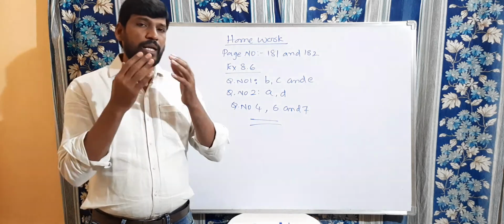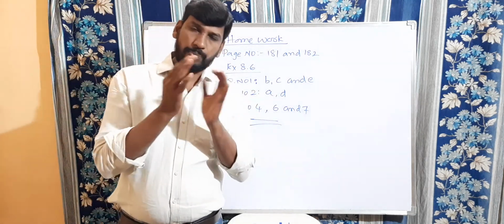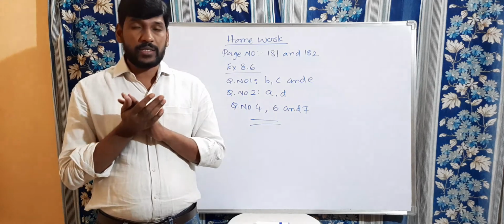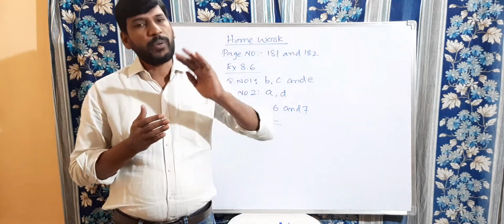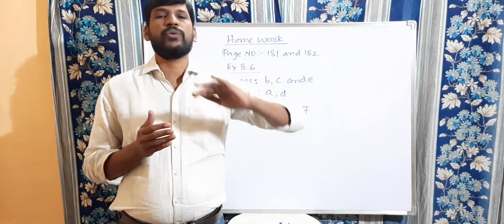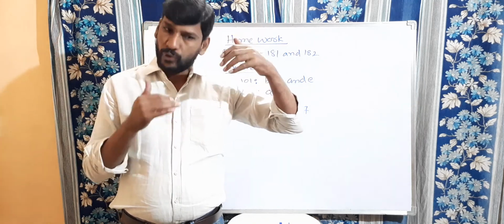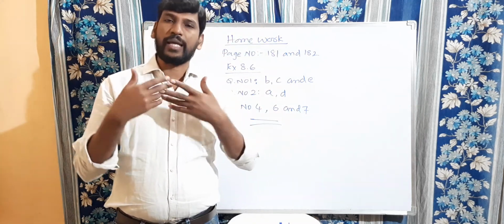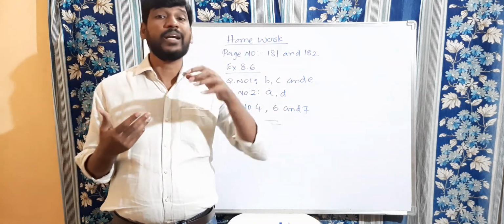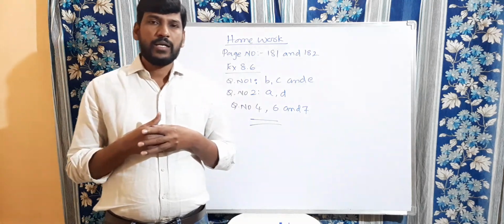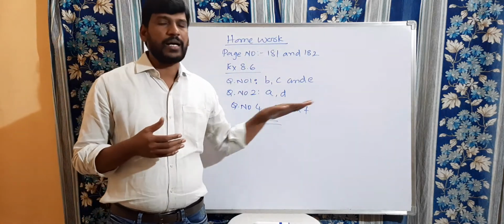Whenever you get these types of questions with rupees, paise, meters and centimeters, kgs and grams, please convert all those in terms of rupees or meters or kgs or kilometers by using decimals. Then only you will get a correct answer.